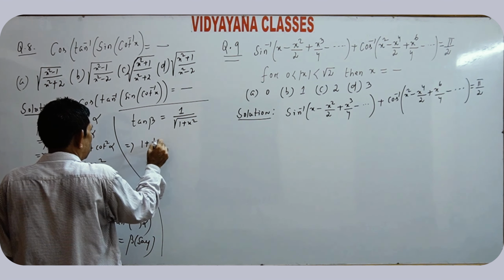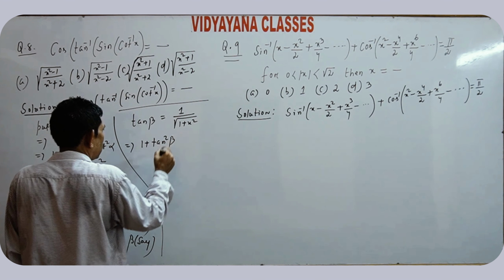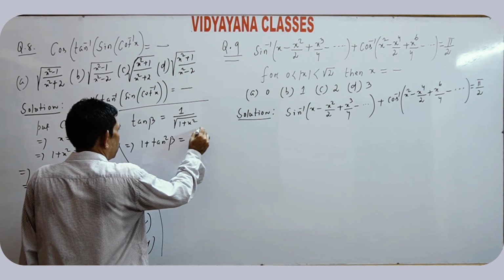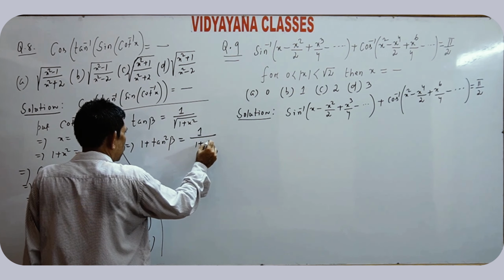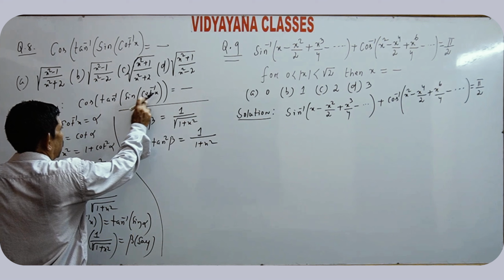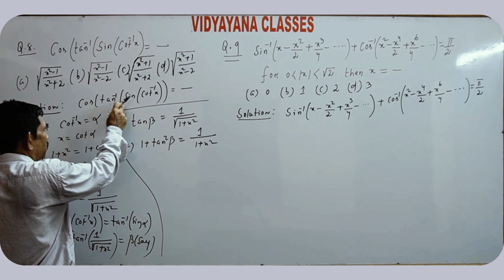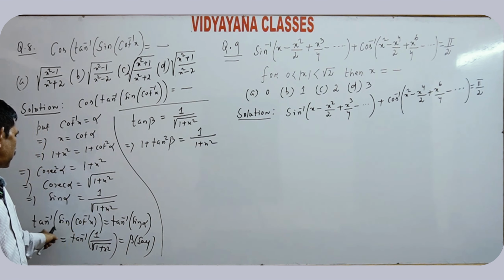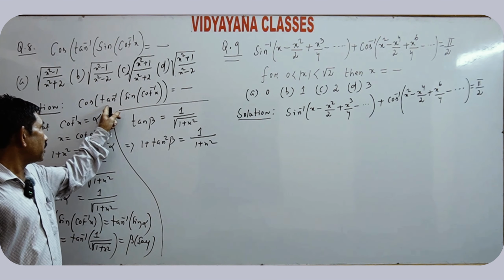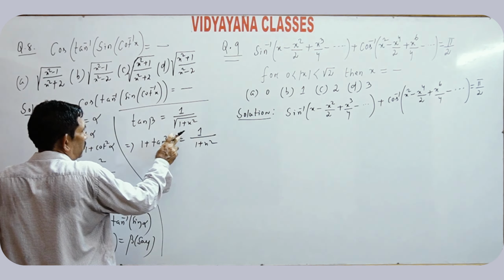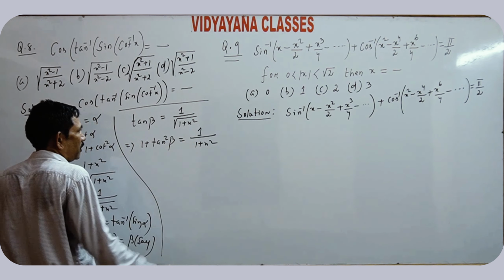1 plus tan square beta is equal to 1 by 1 plus x square plus 1. We have to find out cos beta.